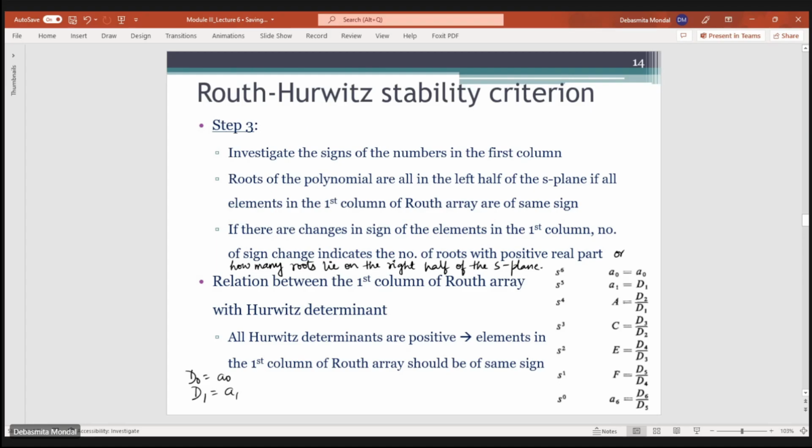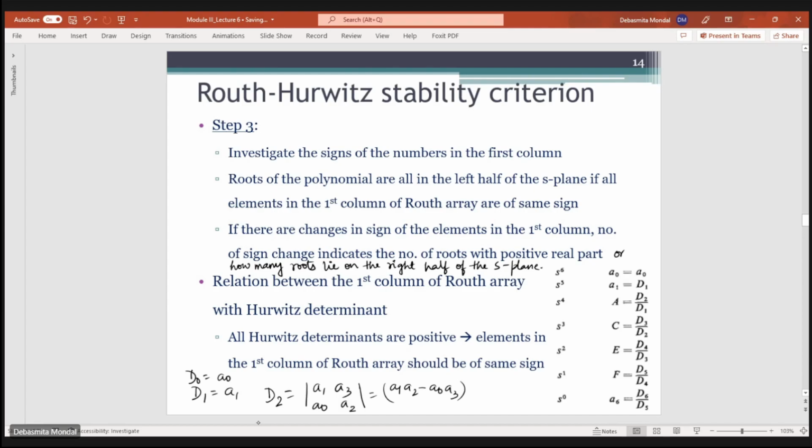Then the second element will be D1. Similarly, D2 was given by the determinant with rows A1, A0 and A3, A2. So this is nothing but A1 A2 minus A0 A3, right? Then similarly, you can find the value of D3 and so forth.